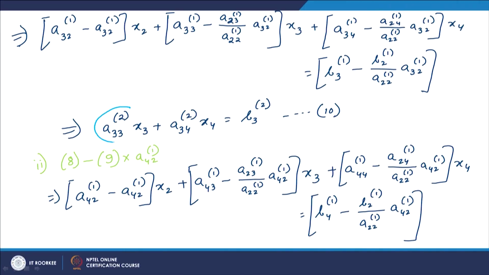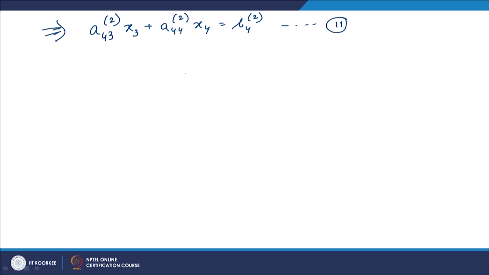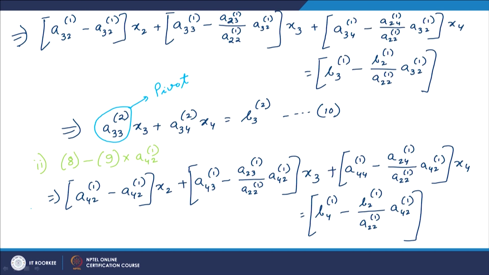So, now what we will do is we will simply take this as pivot. Once we take this pivot, this is step 5.